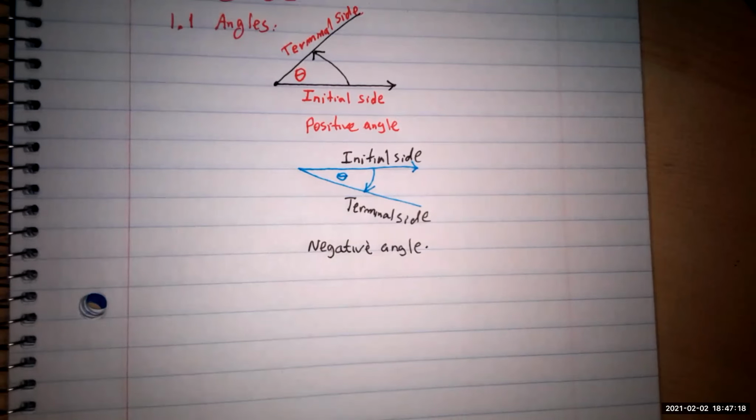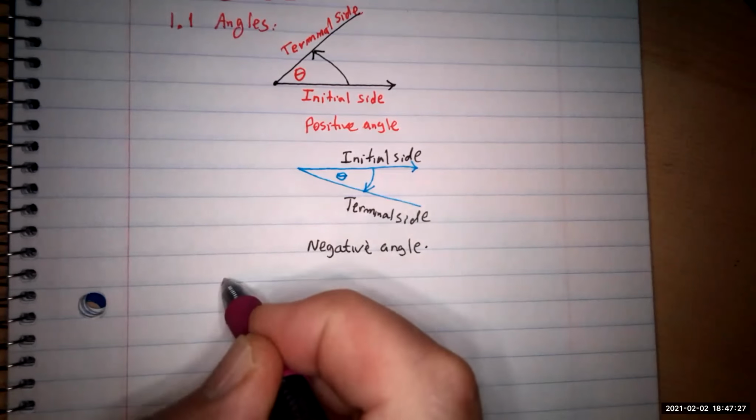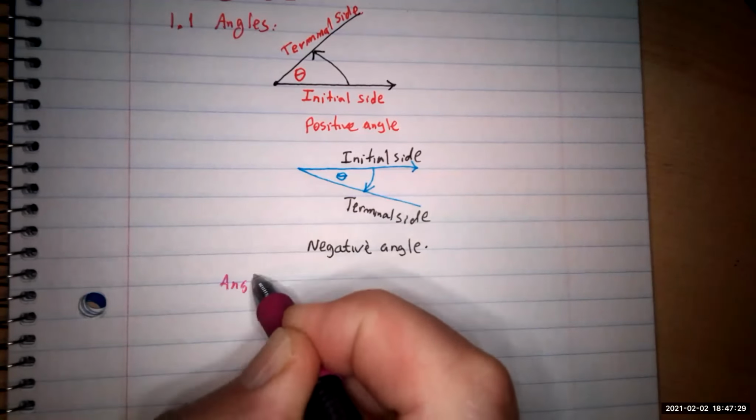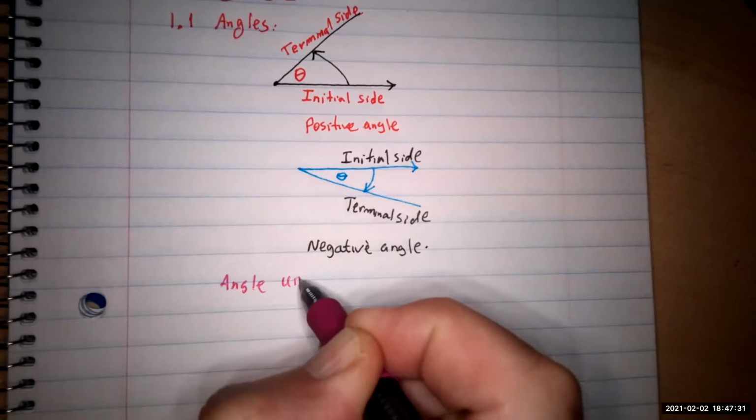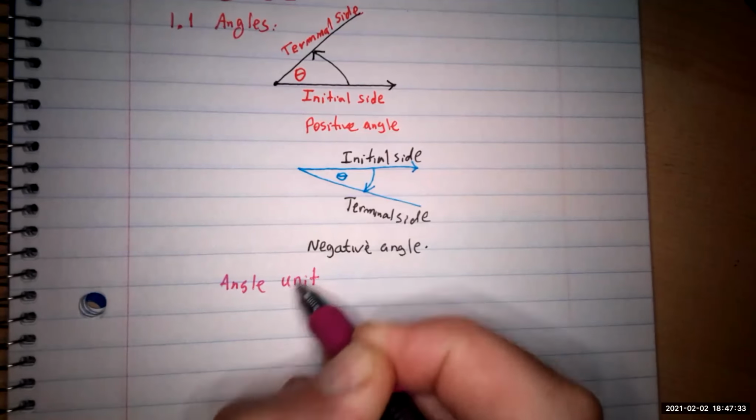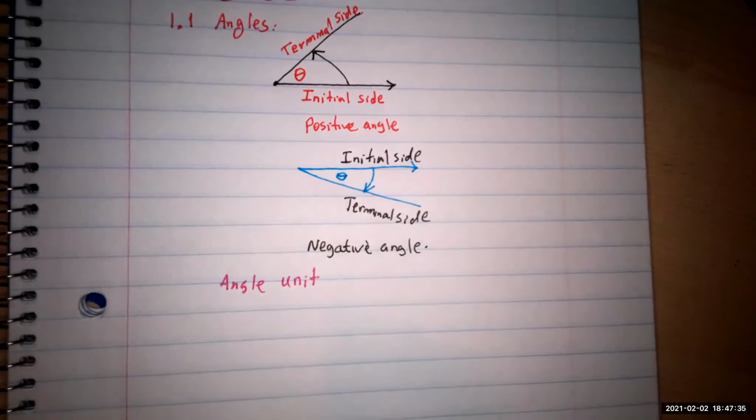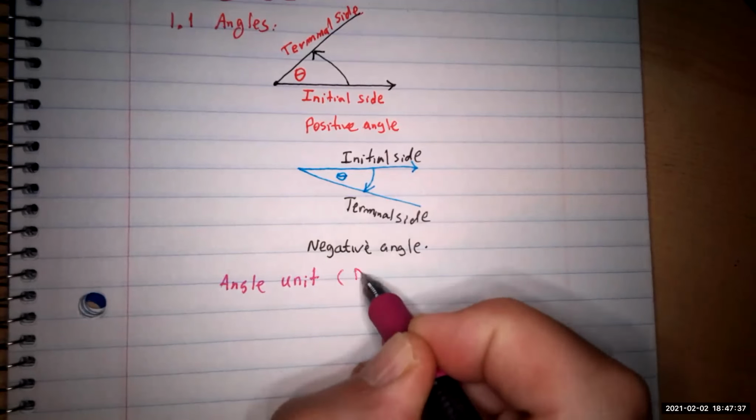Okay, so that's the definition of the angles. Now, what is going to be the definition of the unit of the angles? Angle unit. Angle unit is going to be degree.